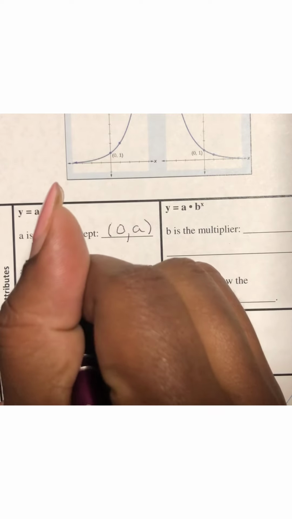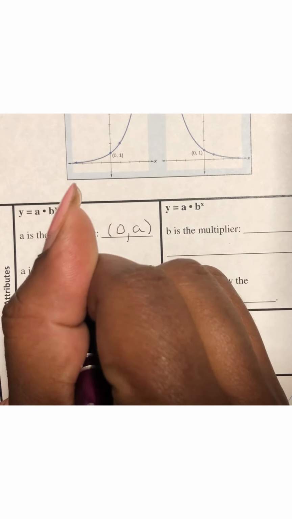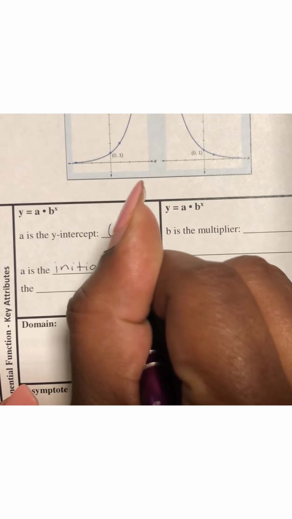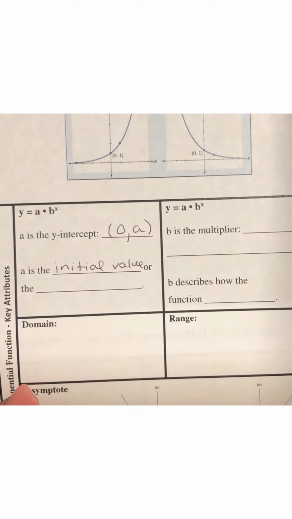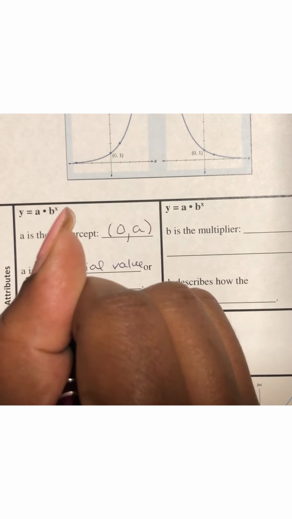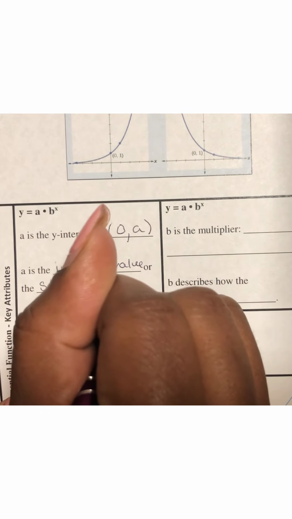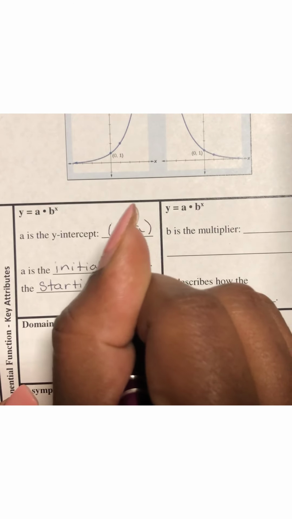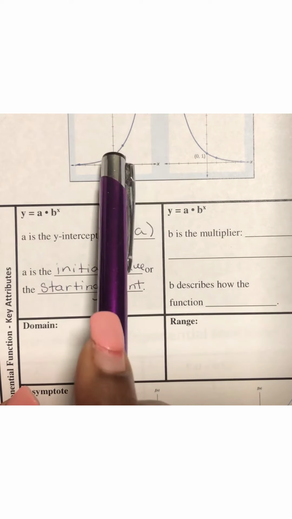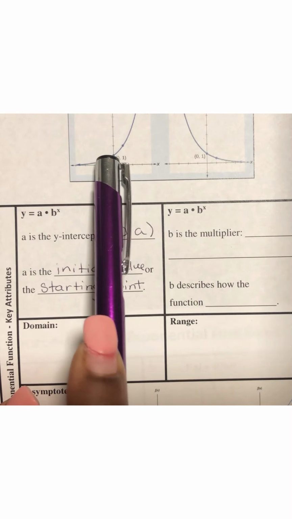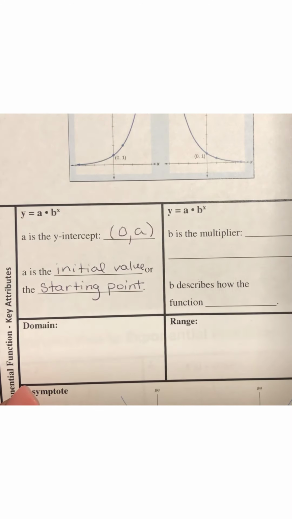A is what we call the initial value, or the starting point. So, we start at (0, 1) on this graph, which is also the y-intercept, okay?